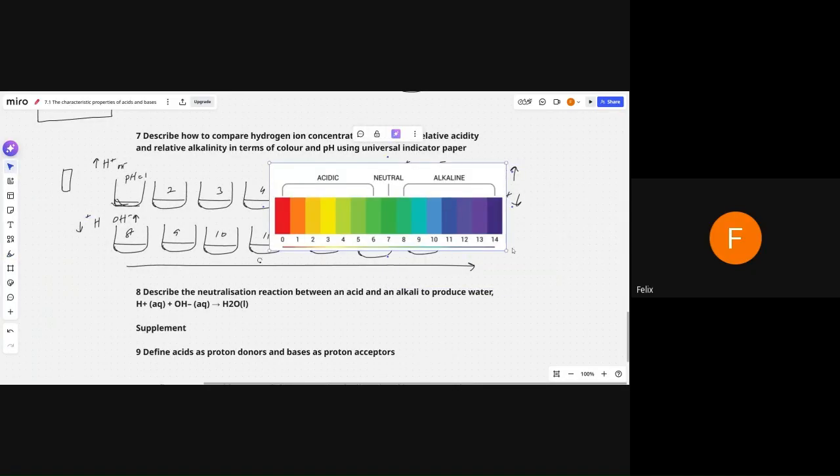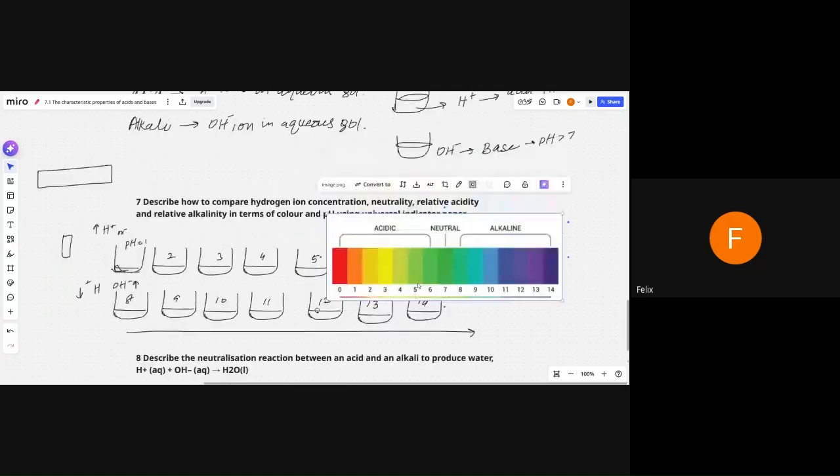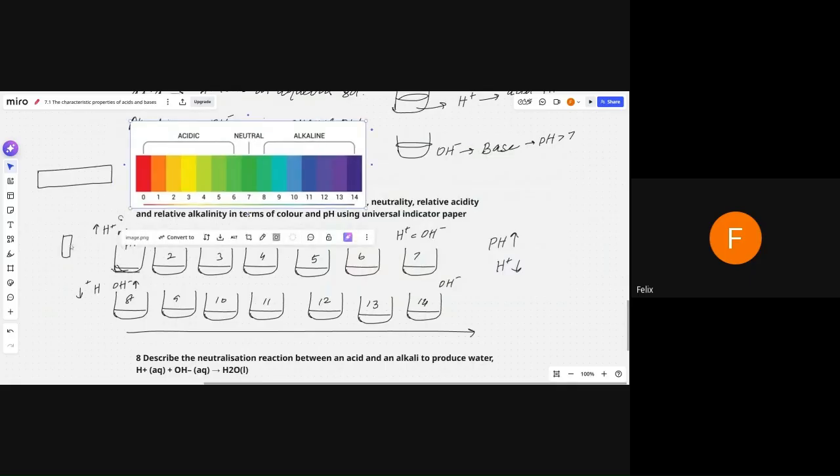Yeah, so now you can see that if pH is 0, this paper will turn red, right? And if you dip it in the beaker with pH 2, it will turn into this color. If you dip it into the beaker with pH 11, it will correspond to this color, right?